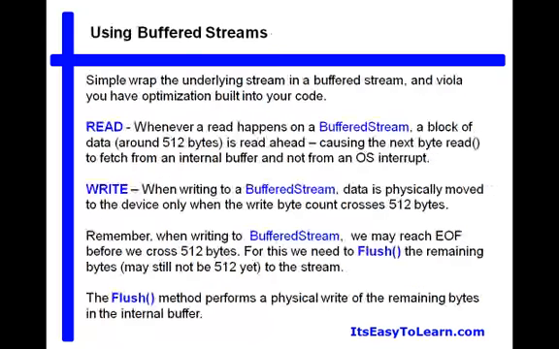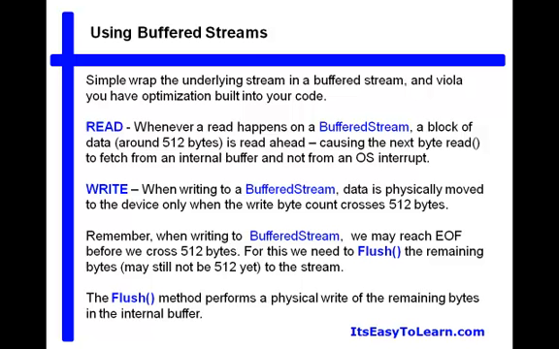Whenever a read happens in a buffered stream, a block of data is read ahead, causing the next read to fetch from the internal buffer, not from the OS. When writing to a buffered stream, on an output stream you have a buffered stream. When you write to it, the data is not physically moved to the device.